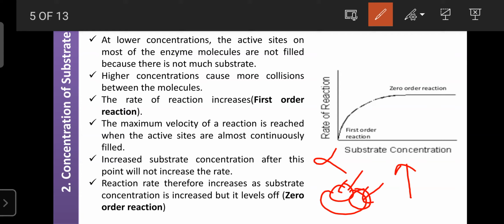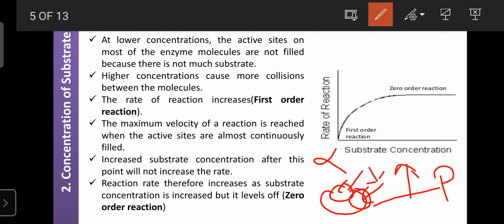The interaction occurs between the active site of the enzyme and the substrate, and only then the product is formed and the rate of reaction increases. If the substrate concentration is less, then the enzymatic activity in the active site also decreases.